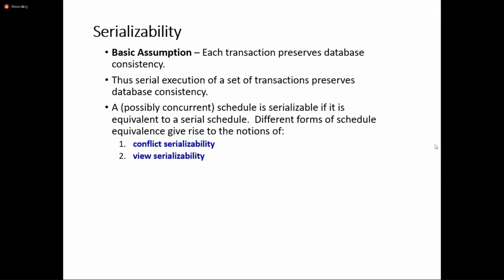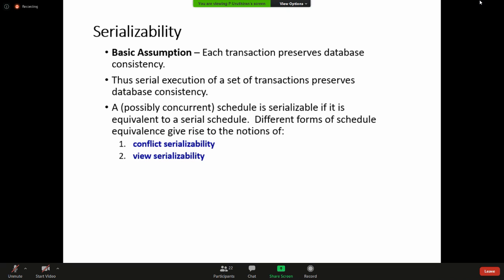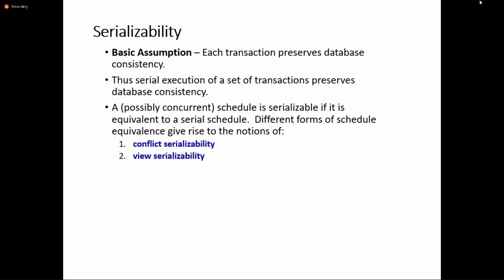Now we come to the basic assumption. Each transaction preserves database consistency, meaning the state is unchanged. In this transaction we consider the sum of the balances; the sum amount is constant, there is no change.